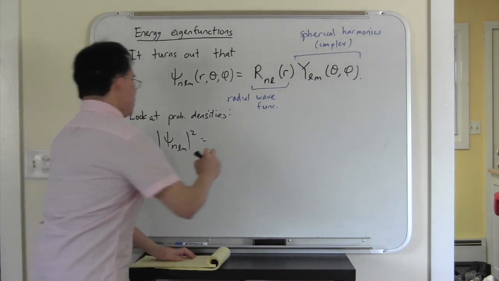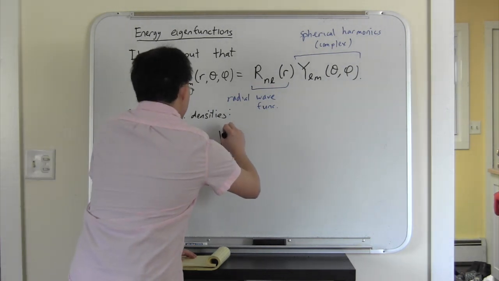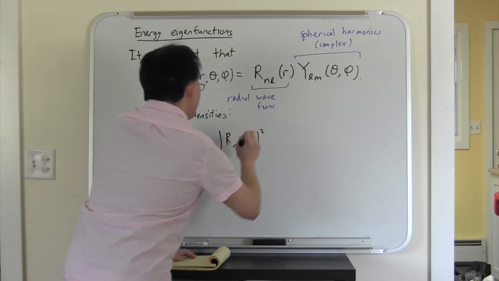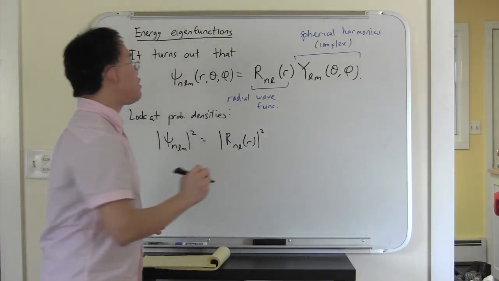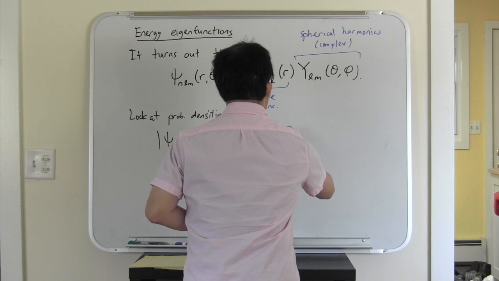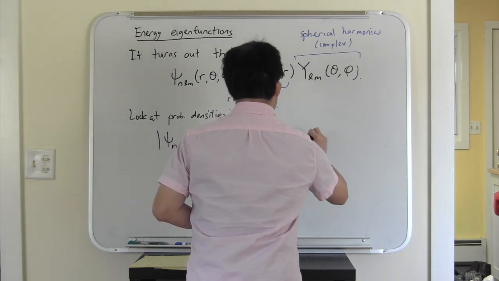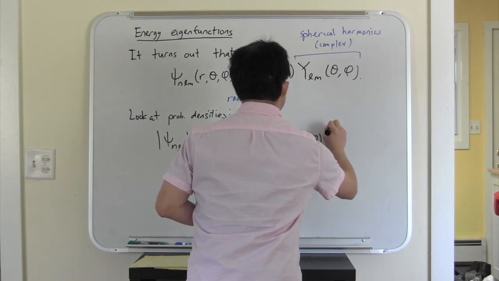I can write that too as a product of the modulus squared of the radial wave function times the modulus squared of the spherical harmonic Y_lm(theta, phi).